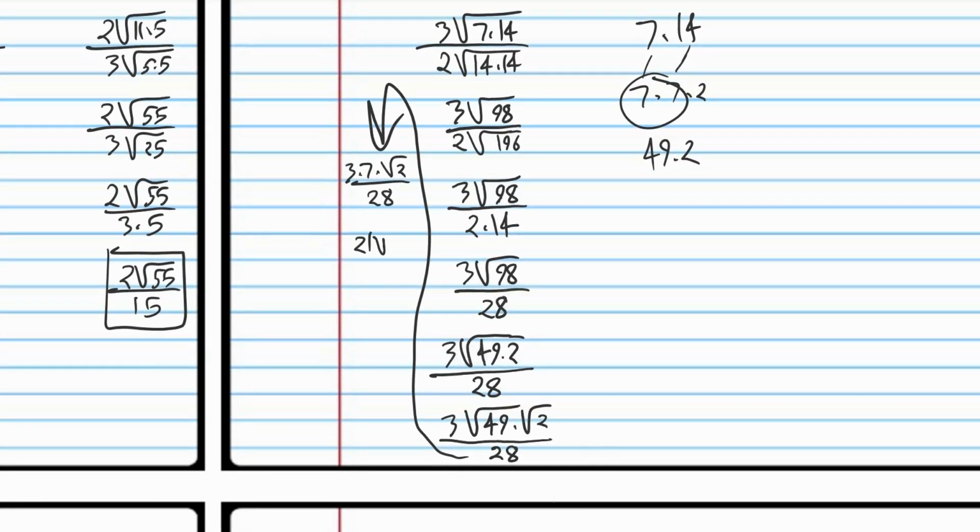I don't want to cause any confusion. So 3 times 7 is 21. But 21 over 28 can be reduced. We can divide both 21 and 28 by 7 using the fundamental principle of fractions. So we get 21 divided by 7 is 3. And 28 divided by 7 is 4. So that is the final answer.